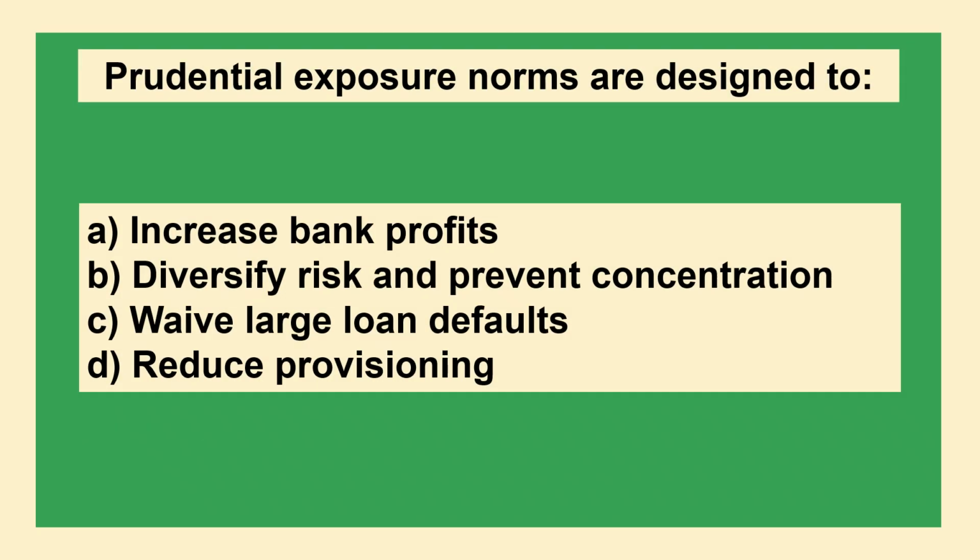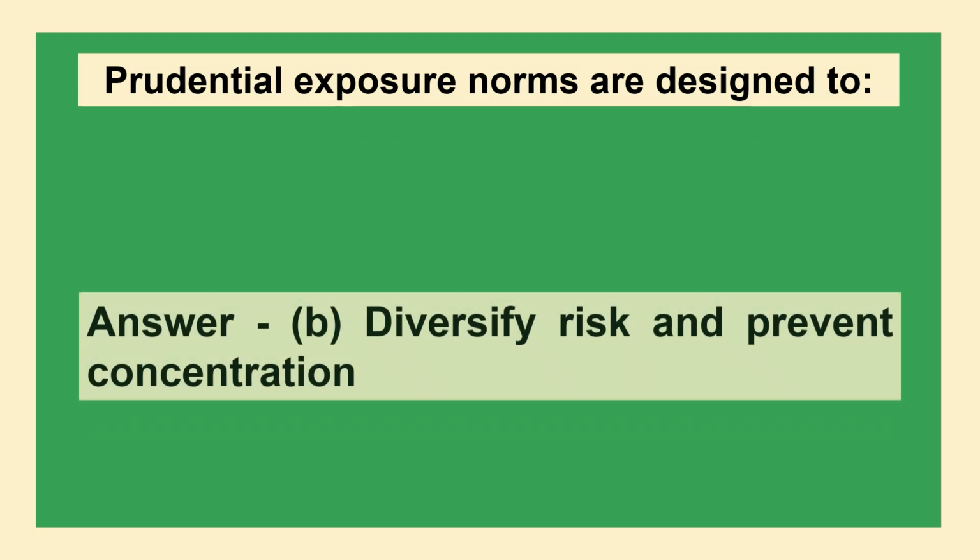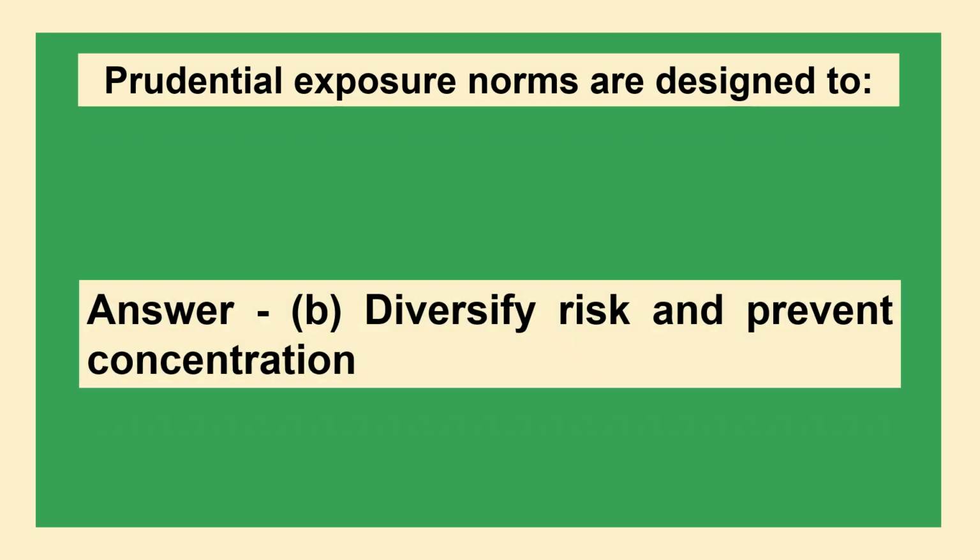Prudential exposure norms are designed to option A, increase bank profits, option B, diversify risk and prevent concentration, option C, waive large loan defaults, option D, reduce provisioning. The answer is option B, diversify risk and prevent concentration.